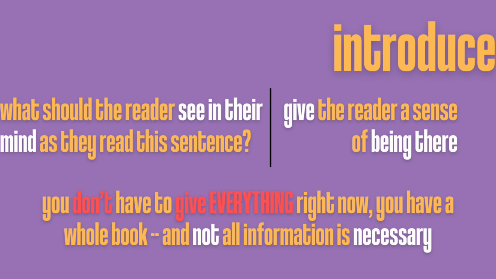We don't want to put them on the moon and then try to describe what I'm doing with my hand on this desk a million miles away. You want to give the reader a sense of being there, that the things they are reading about feel real and not just imagined, or not just intellectually understood as, oh, I know what that word means.